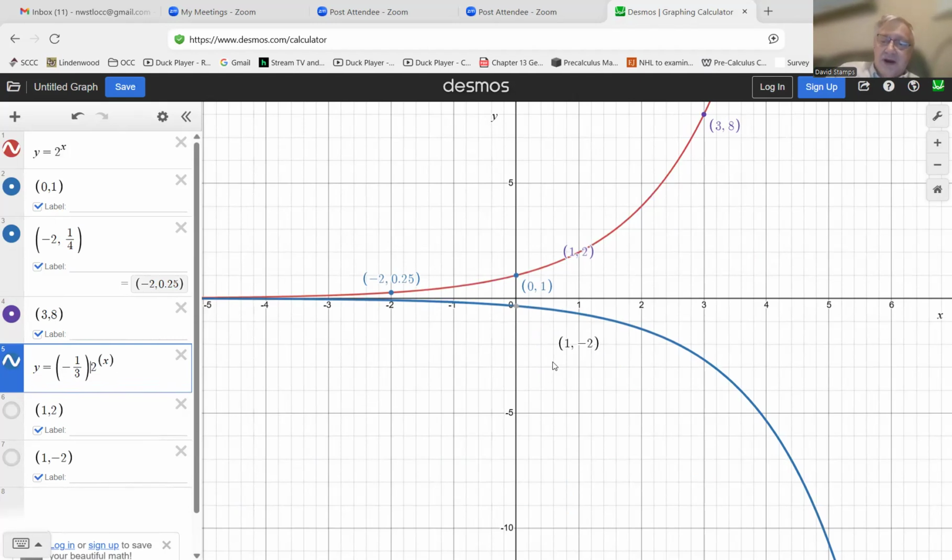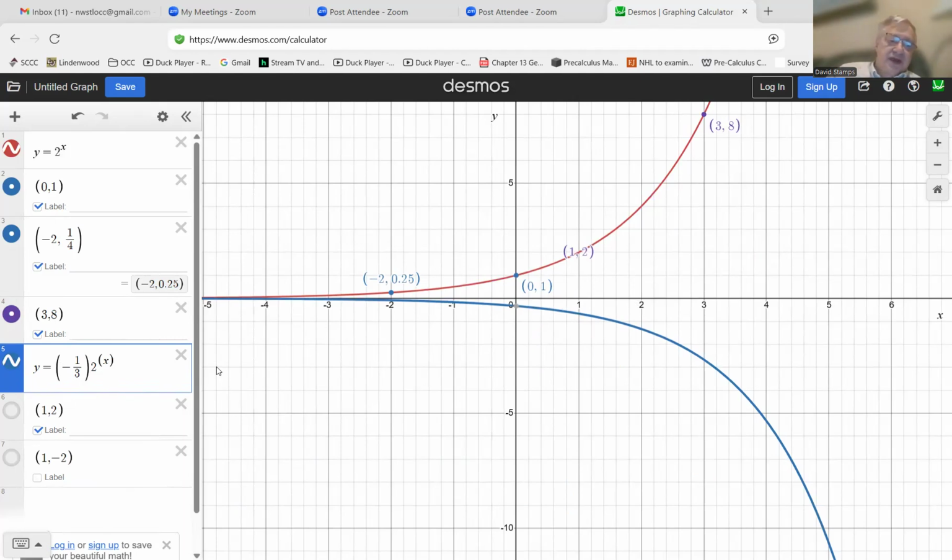Now you can't see it there, but well, maybe you can. Let's take this away. Here's the red graph. By multiplying by a negative number in front, I flipped the red graph, reflected over this horizontal axis. But you can see, I think, that the blue graph is not as far away from the horizontal axis as is the red graph.